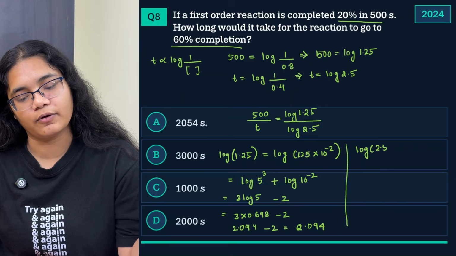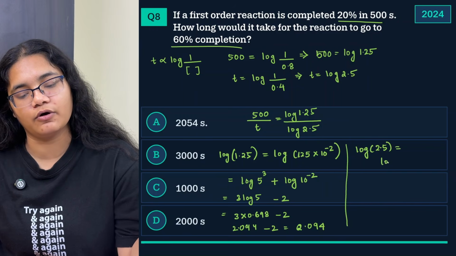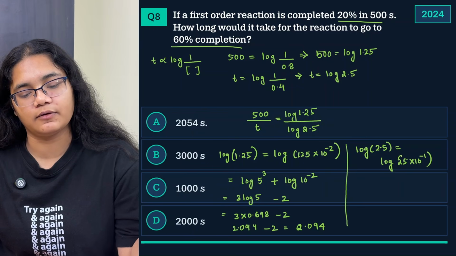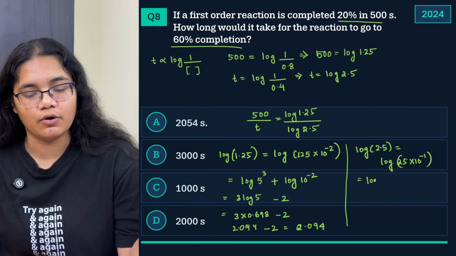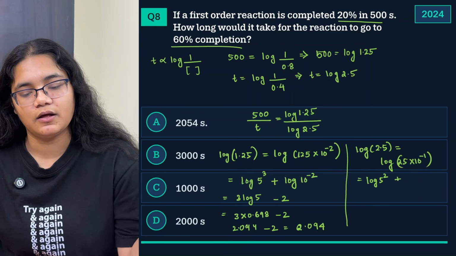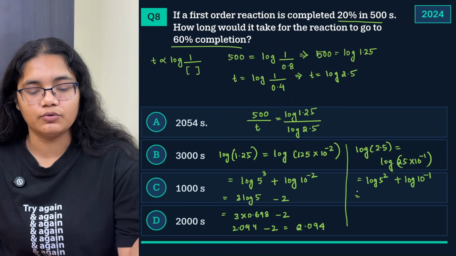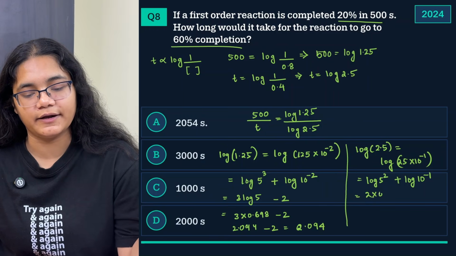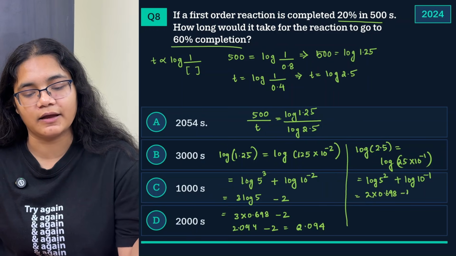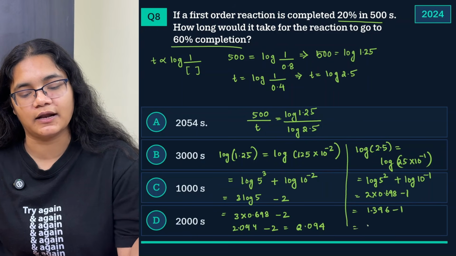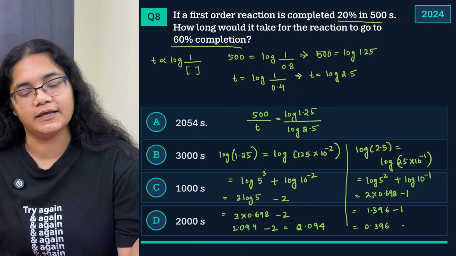Okay, now we have this side, log of 2.5. Log of 2.5 will be equal to log of 25 into 10 to the power of minus 1. That gives me log of 5 squared plus log of 10 to the power of minus 1. Now 2 log 5 is 2 into 0.698, that is 1.396, minus 1, that gives me 0.396.